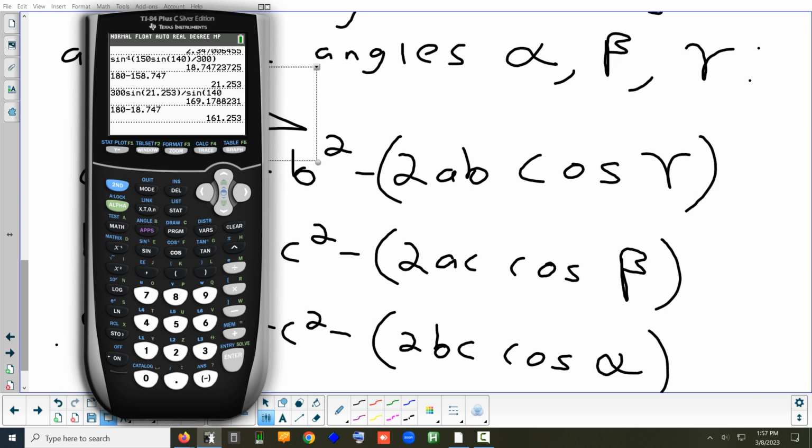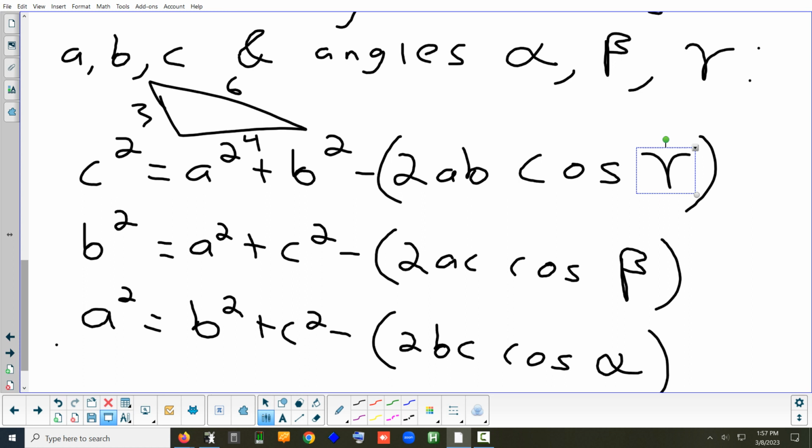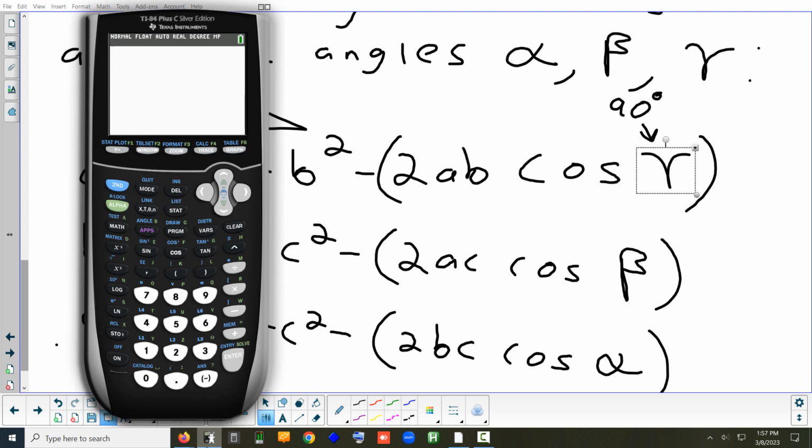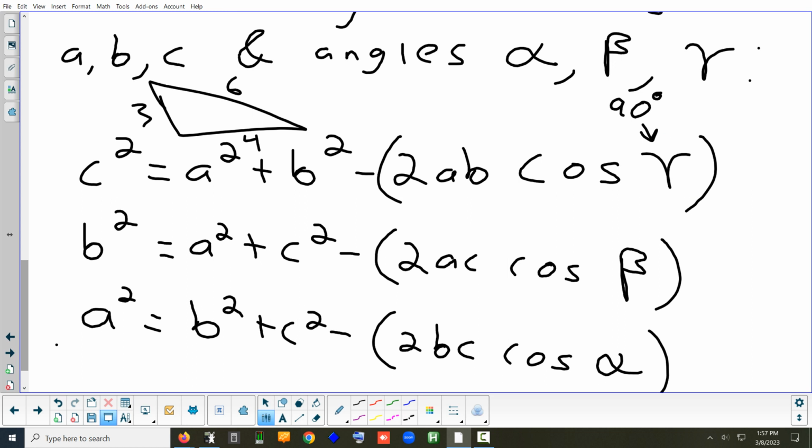Now, let's look at what happens if you try to use this formula on a right triangle. It would work. But when you have a right triangle, what do we already know this angle would be? This would be a 90. Now, look at what the cosine of 90 is. 0. What's 0 times anything? 0.